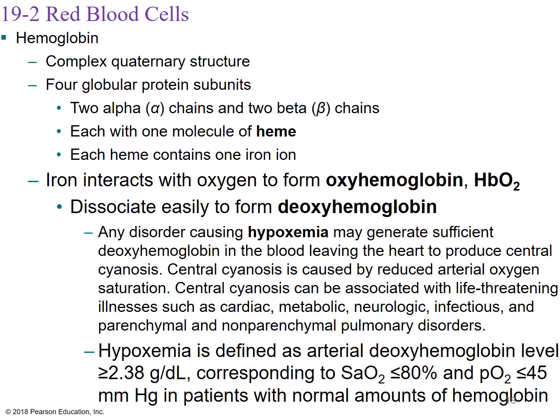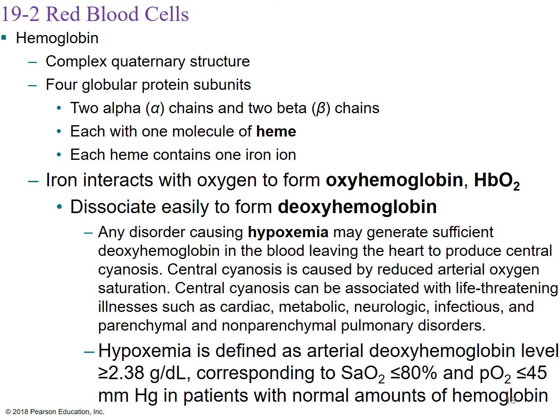Central cyanosis is, of course, going to be associated with life-threatening illnesses such as cardiac, metabolic, neurologic, infectious, etc. All these different disorders, because we have to have good oxygen saturation. So hypoxemia, low oxygen, okay? Too much deoxyhemoglobin, we need more oxygen.